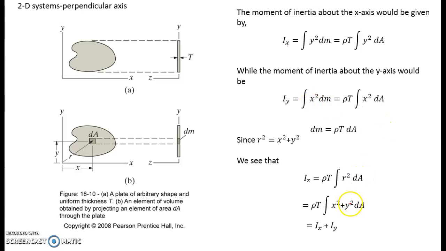And similarly, the integral of y squared dA, with the factor rho t, of course, is the moment of inertia about my x-axis. So now I see that the moment of inertia about the z-axis is the sum of the moments of inertia about the x and y axes.